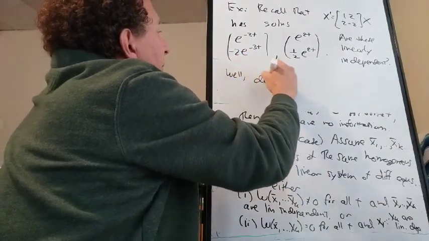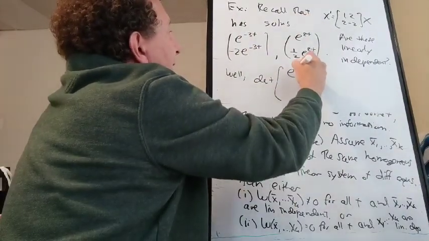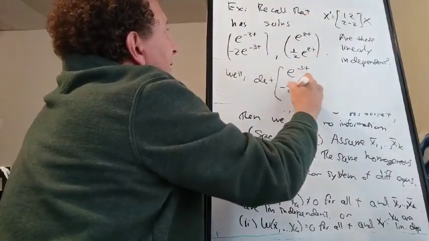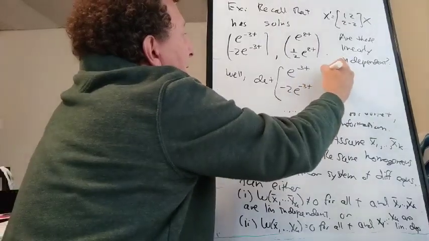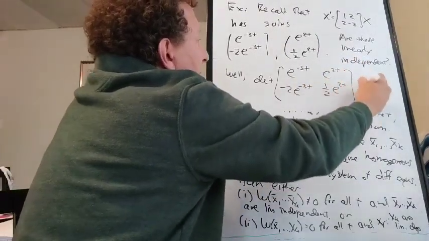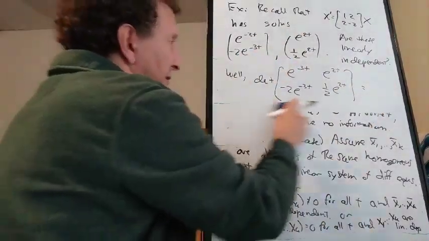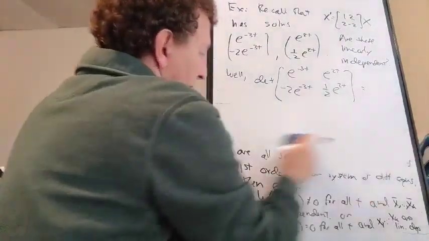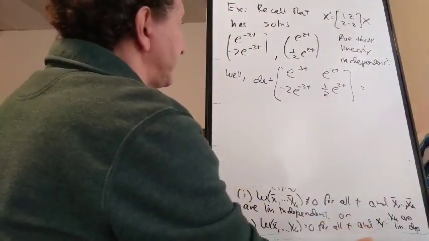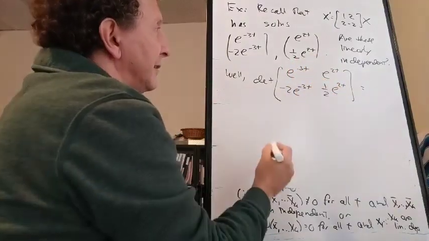Well, we take the determinant of the matrix we get just by putting this in the first column and that in the second column: e to the negative 3t, negative 2 e to the negative 3t, e to the 2t, 1/2 e to the 2t. So that's the Wronskian of these two vector valued functions. We got e to the negative 3t times 1/2 e to the 2t.